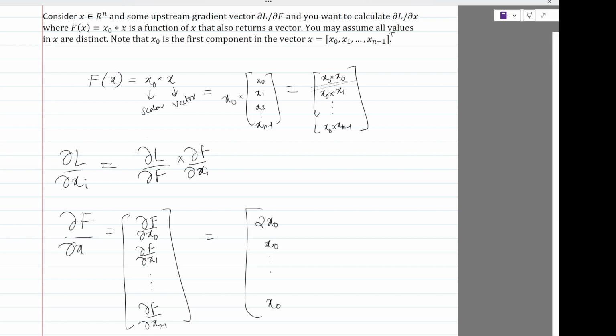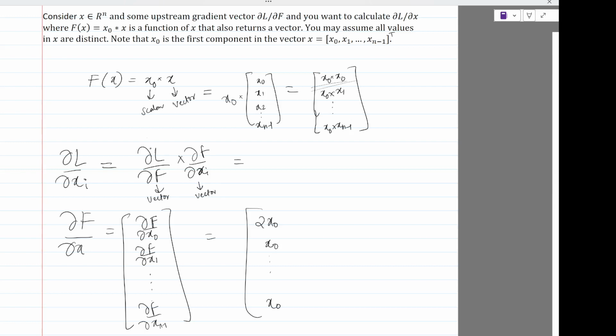Now this can again be written as, because f has different components, this will be a vector and this is also a vector.